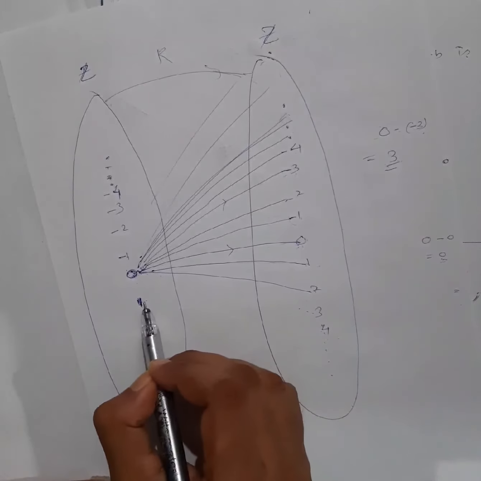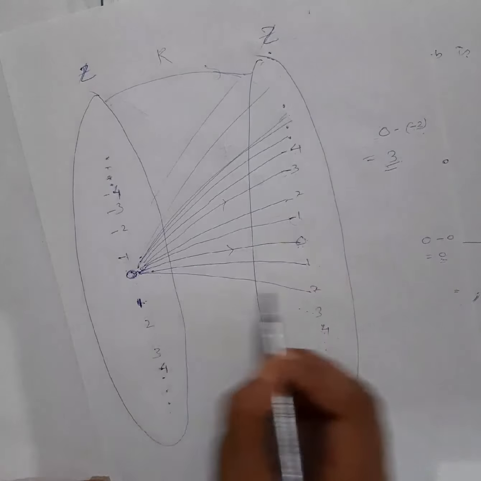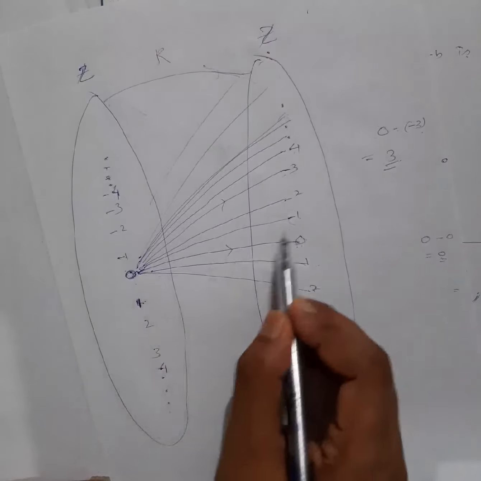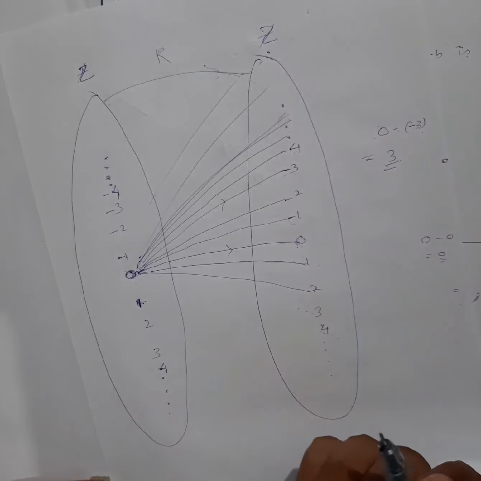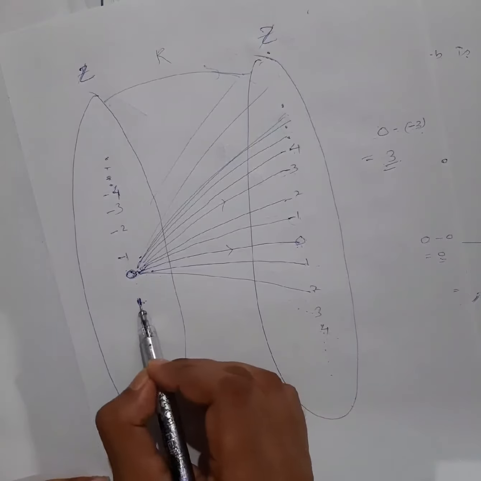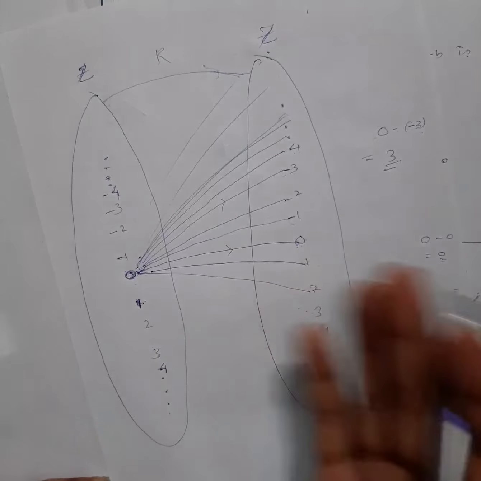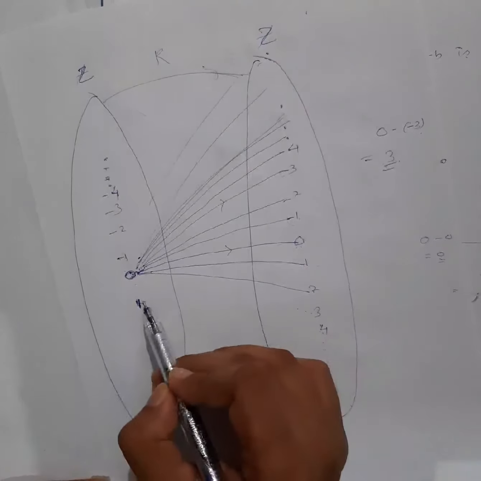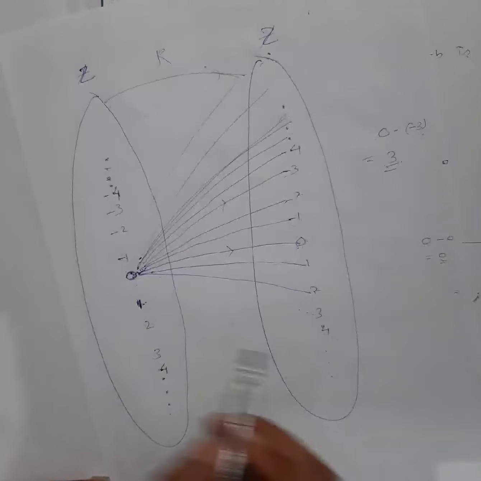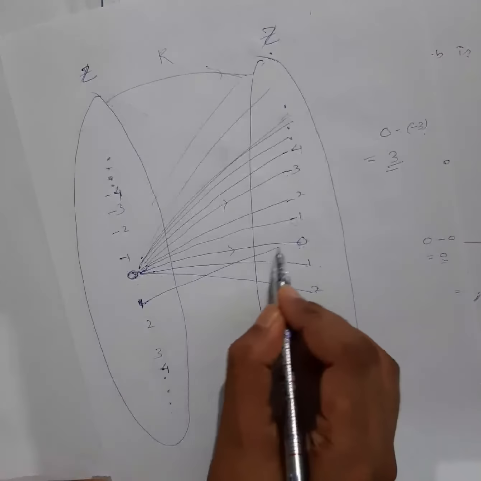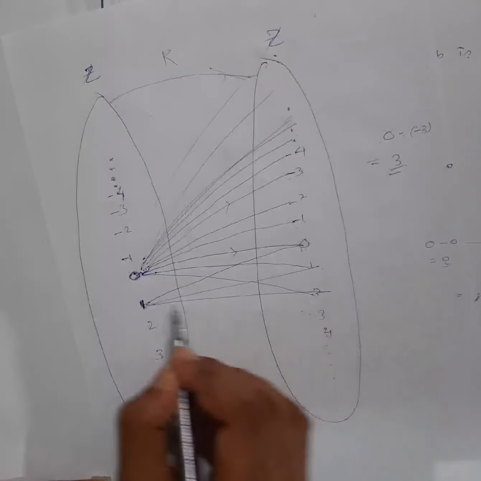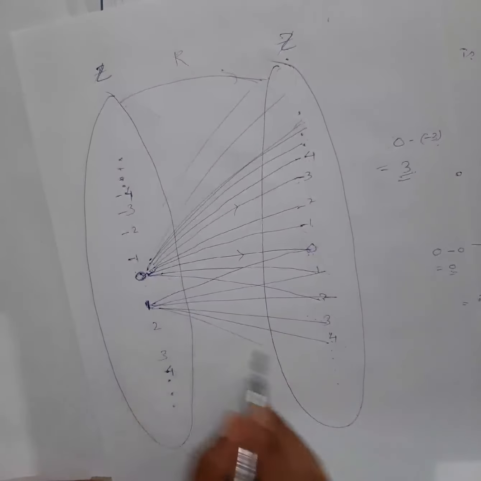Next, let's check whether 1 will have an image or not. Obviously 1 also will have. You can check it is related to all elements again, because if you subtract with any element, you will see it will give you an integer only, because you know that if you subtract an integer from an integer, the result will always be an integer. So if you relate this with anything, yes, it will be related to this, this, this, this, it will go on.